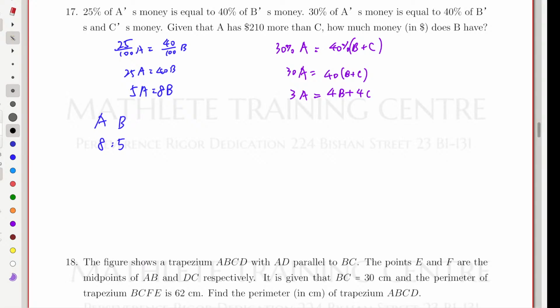So if I call A, let's say 8 units, B, let's say 5 units, then what we have here is 24 units. And then 4B will be equal to 20 units. So what's C? Well, that means that 4 units is 4C, so C must actually be 1 unit.